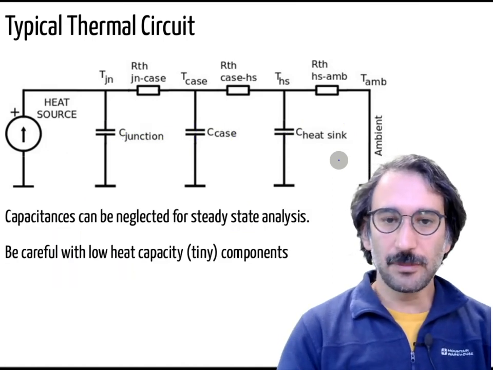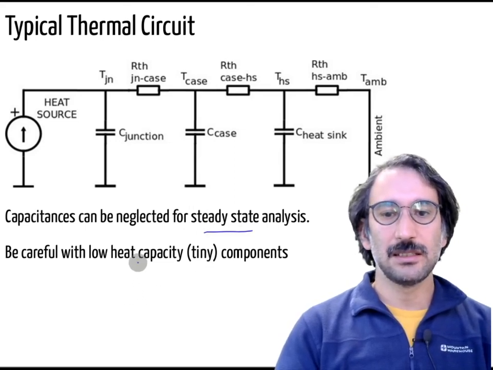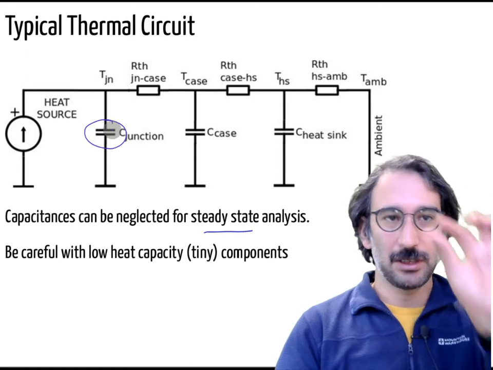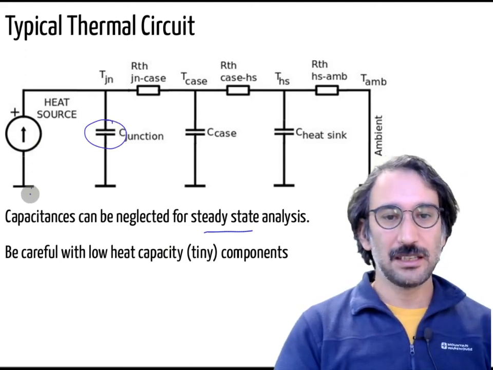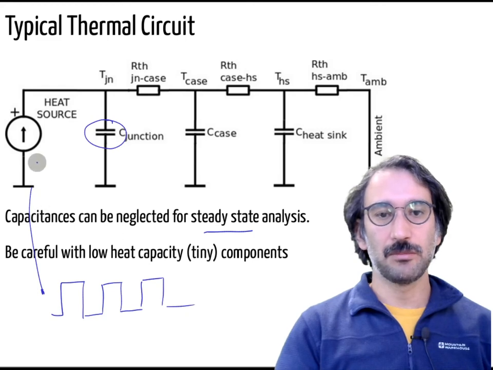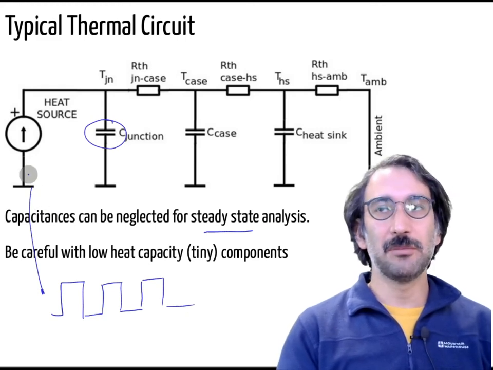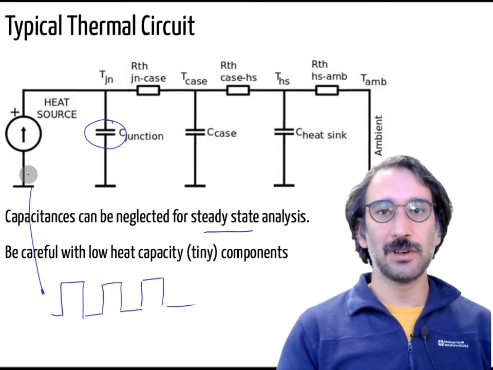Okay, again, it can be neglected for steady state analysis, but the real junction is really small. Let's say your power loss is a square waveform, turning on for 1 second, turning off for 1 second.